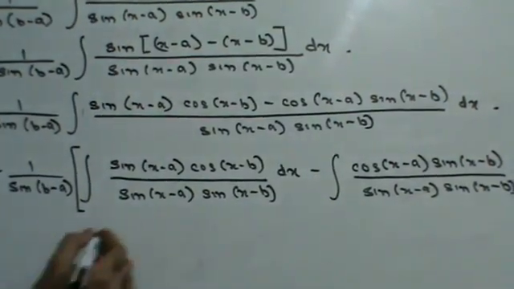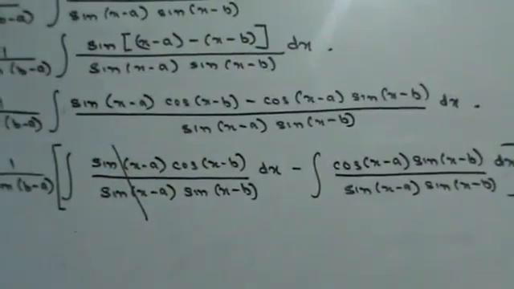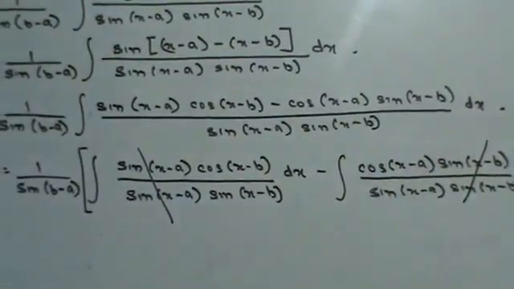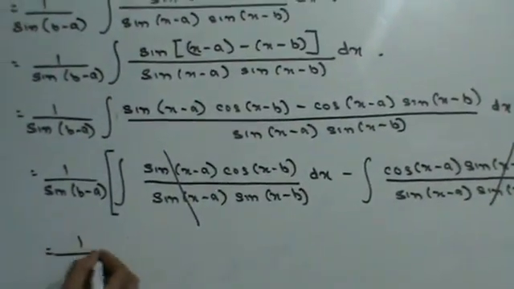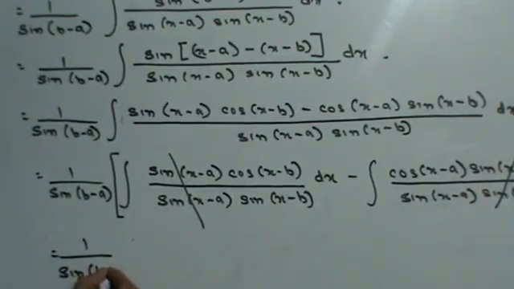Right? Now, here sine and sine get cancelled. Here also sine and sine get cancelled. This is 1 upon sin(b minus a).